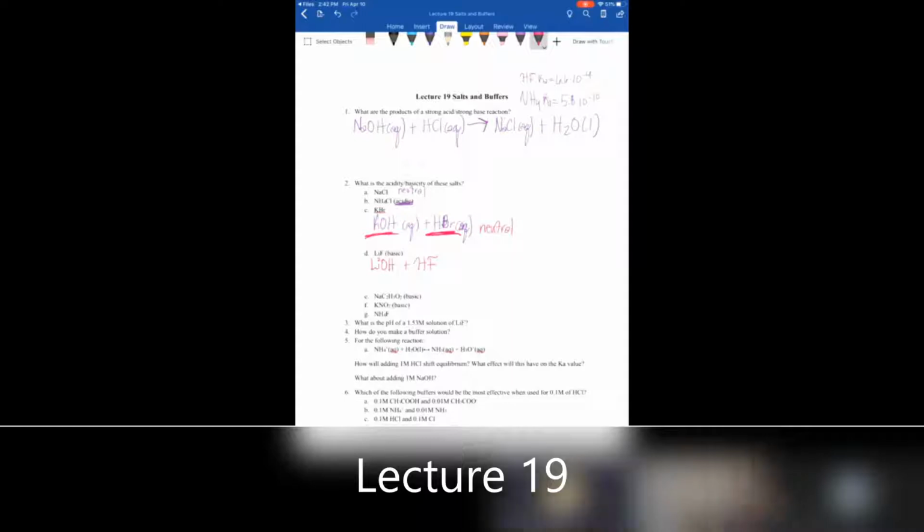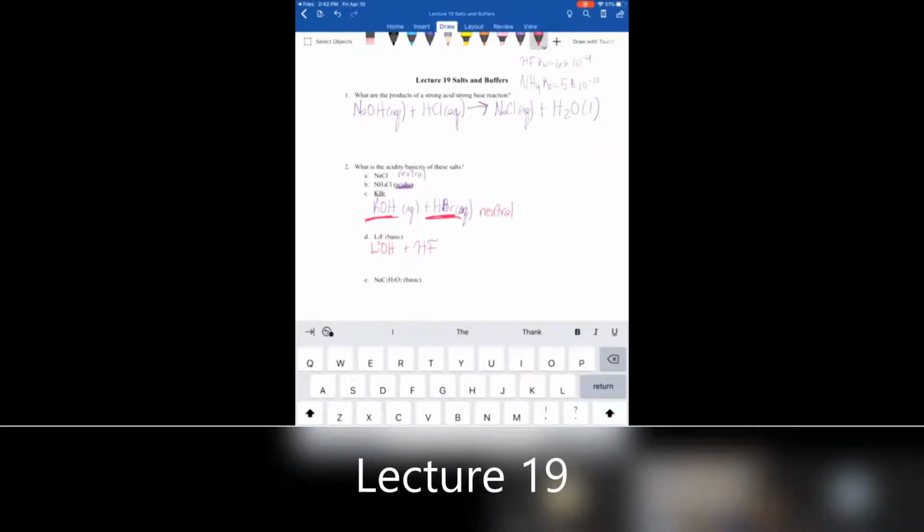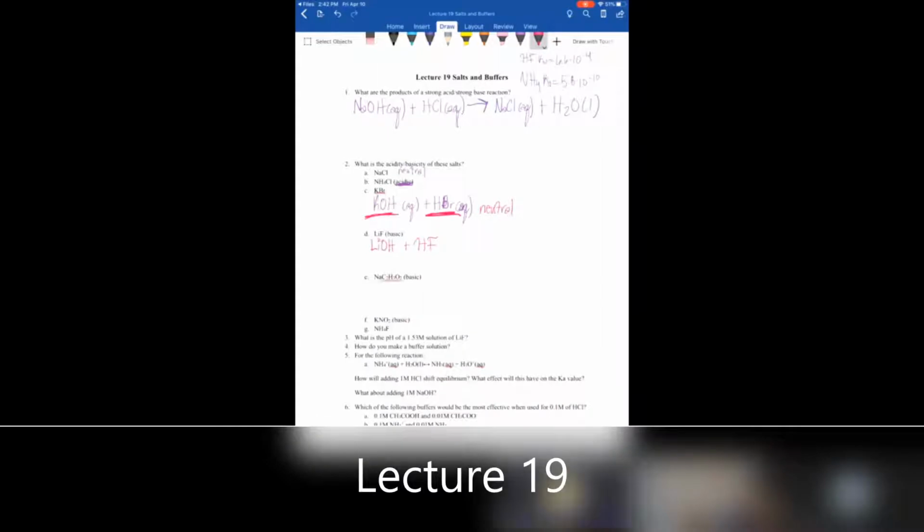So that's why this is basic. And then the same thing applies for this one here. I don't know what it's called. I should have looked it up, but I can't remember. It's from a weak acid, so it's going to form a basic salt.